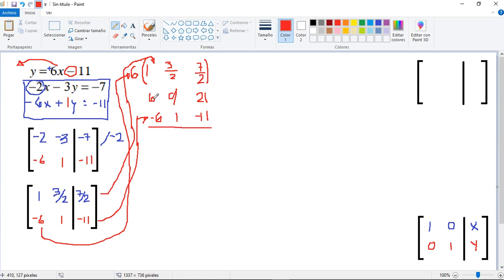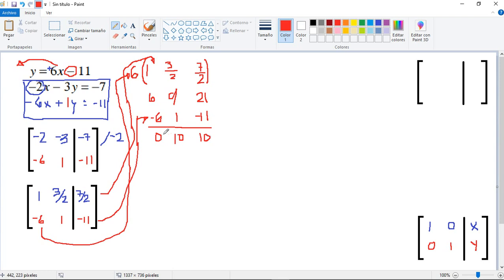Okay? So 6 minus 6 equals 0. 9, they are both positive, so 9 plus 1 equals 10. 21 minus 11 equals 10. And this, guys, this is going to be my new second row. Okay?